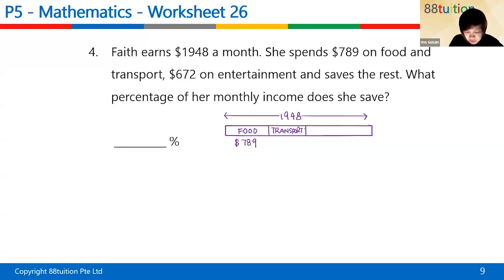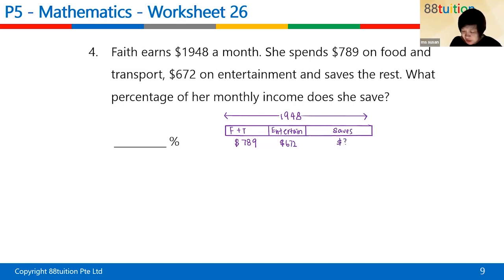Spends 789. Oh, on food and transport, sorry. So this is F and T. I just put there F and T. Okay, food and transport. Then this is entertainment, which is 672, and save the rest.